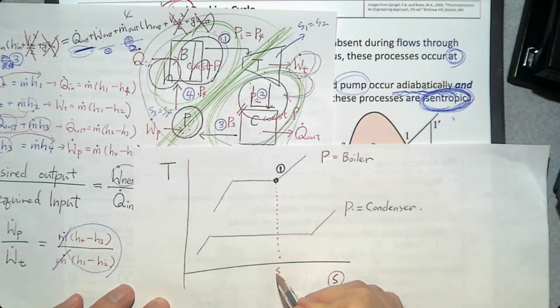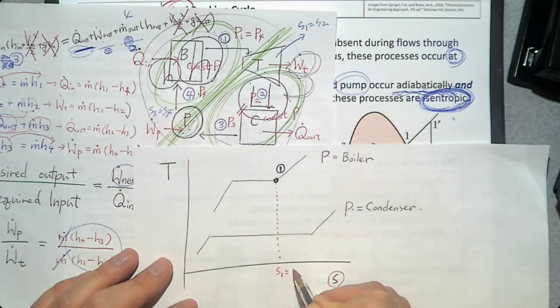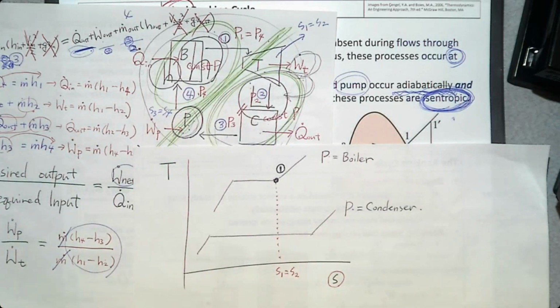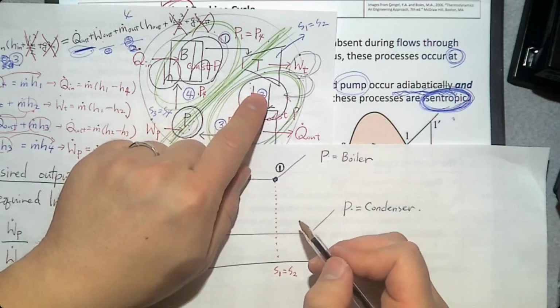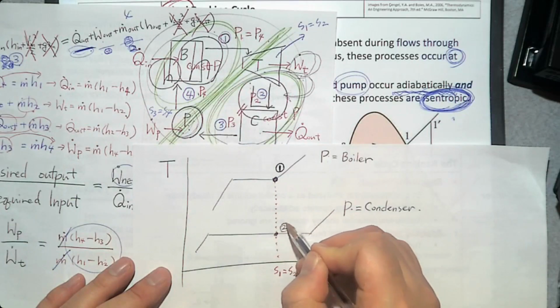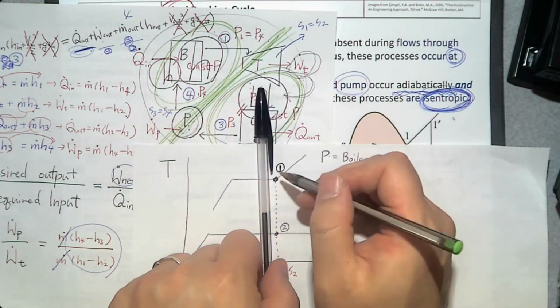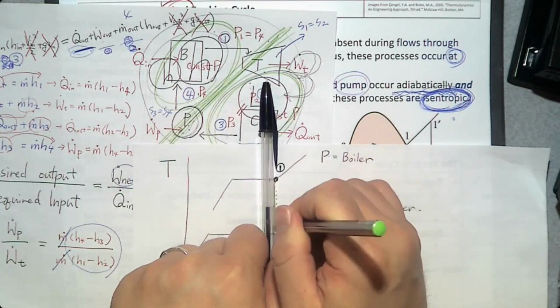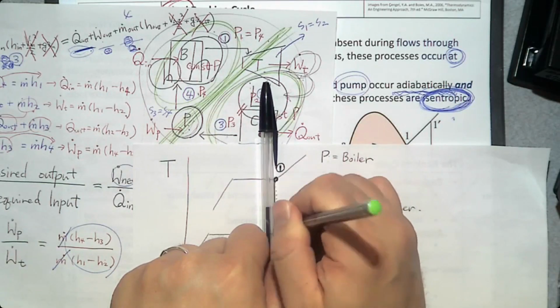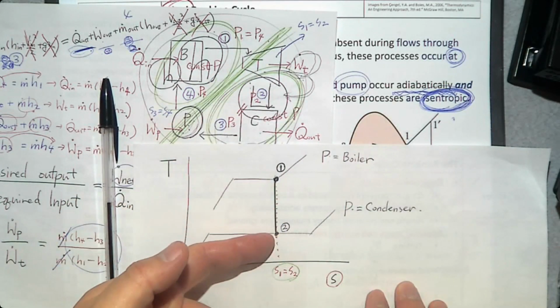So here is S1, the specific entropy at the inlet, and S2 is the specific entropy at the exit. So number two, the exit of the turbine, is going to be right here. This turbine process is going to be from number one to number two, this vertical line. Why this vertical line? Because entropy remains constant from boiler pressure down to the condenser pressure.